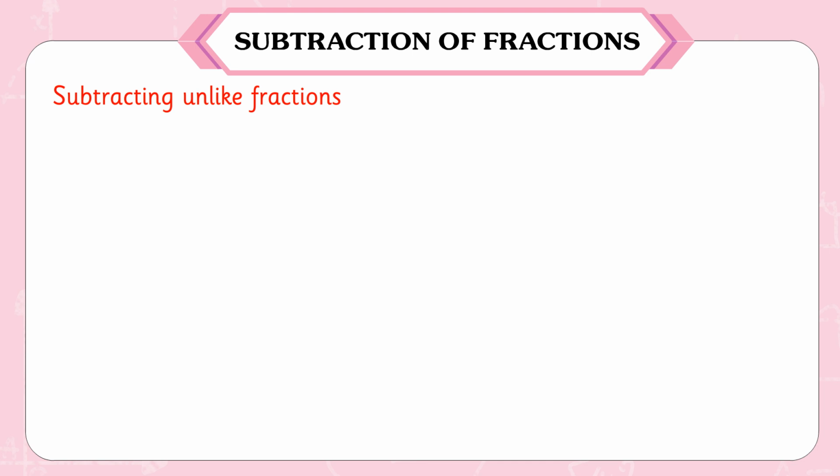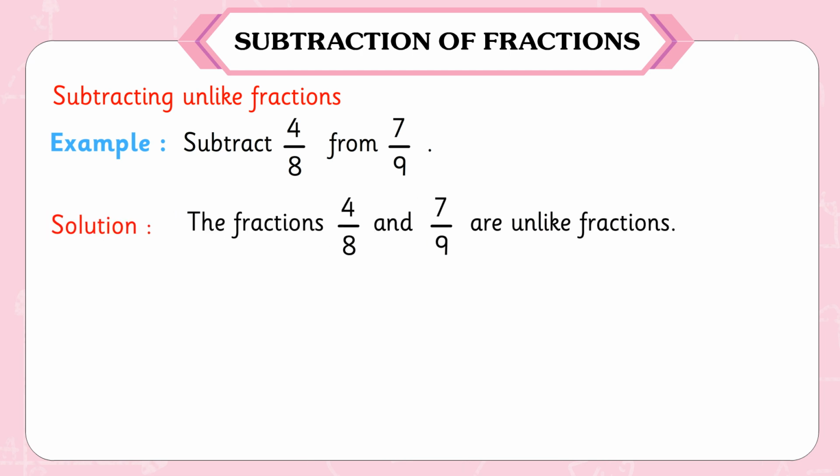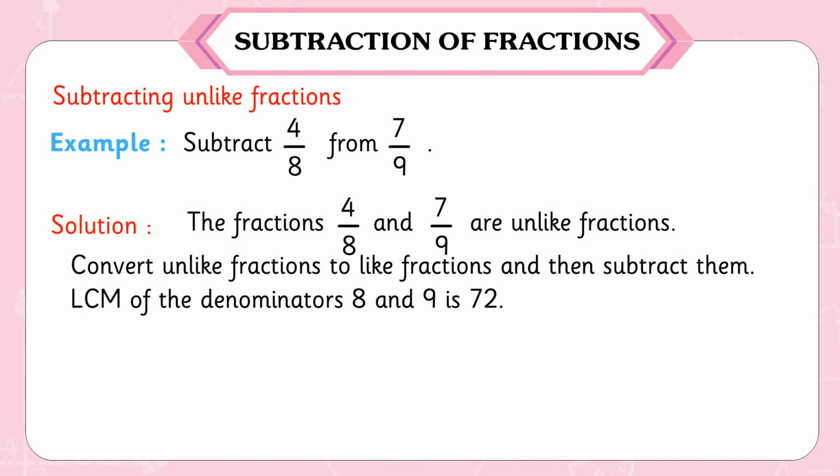Subtracting unlike fractions. Example. Subtract 4 by 8 from 7 by 9. Solution. The fractions 4 by 8 and 7 by 9 are unlike fractions. Convert unlike fractions to like fractions and then subtract them.